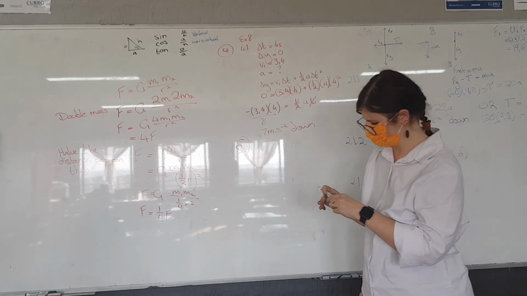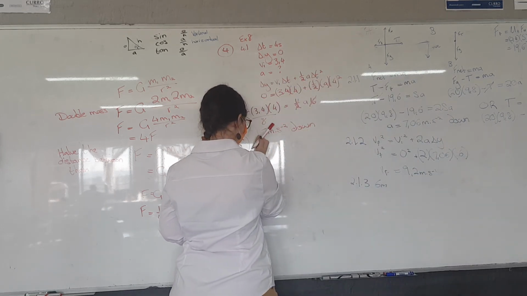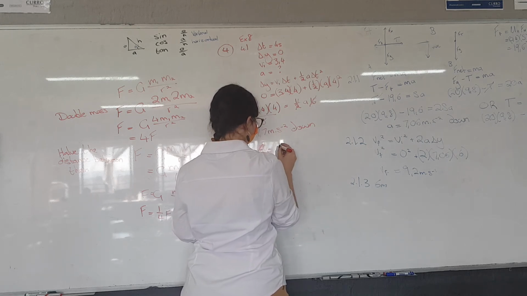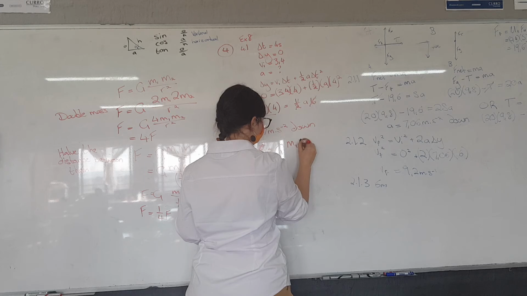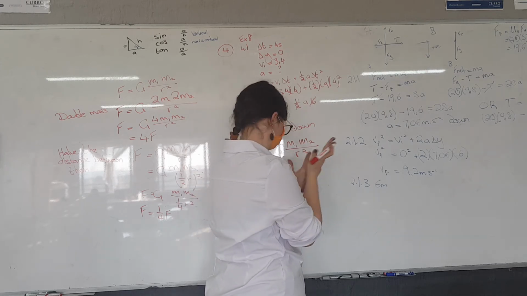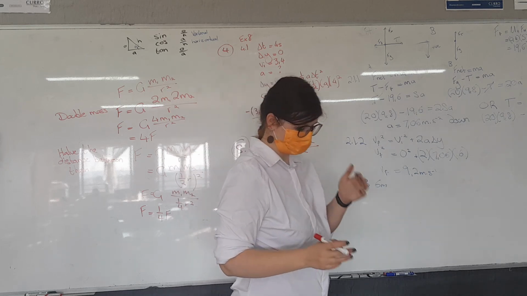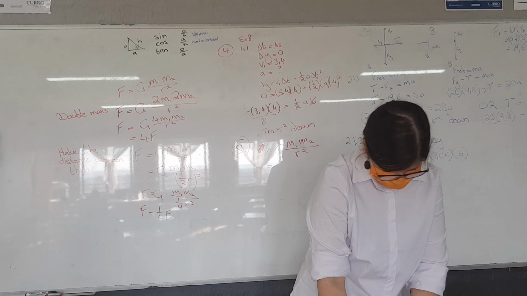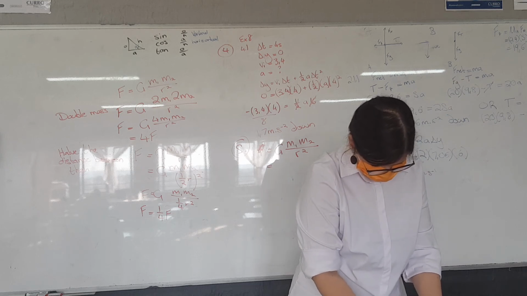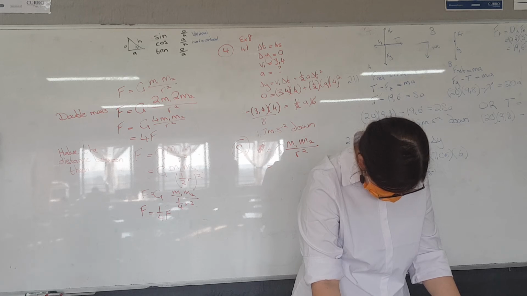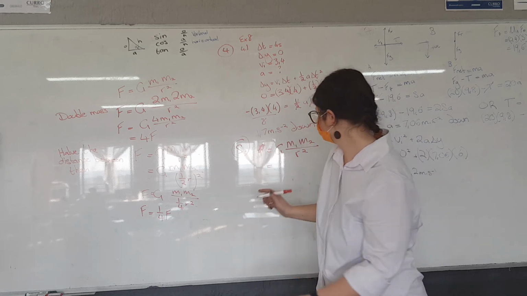So now, the first thing we do is we write down our equation. F is equal to G m1 m2 over r squared. So, what is my G? The universal gravitational constant, right? Which is 6.7 times 10 to the minus 11.